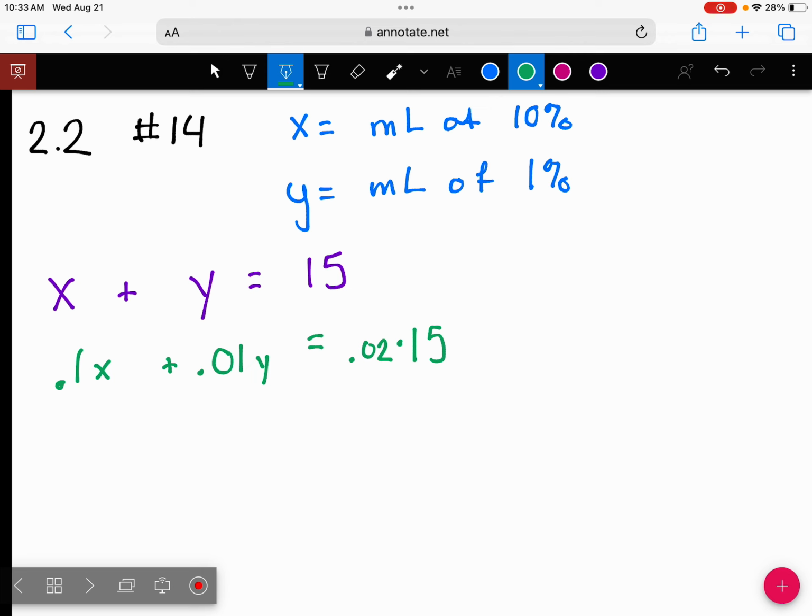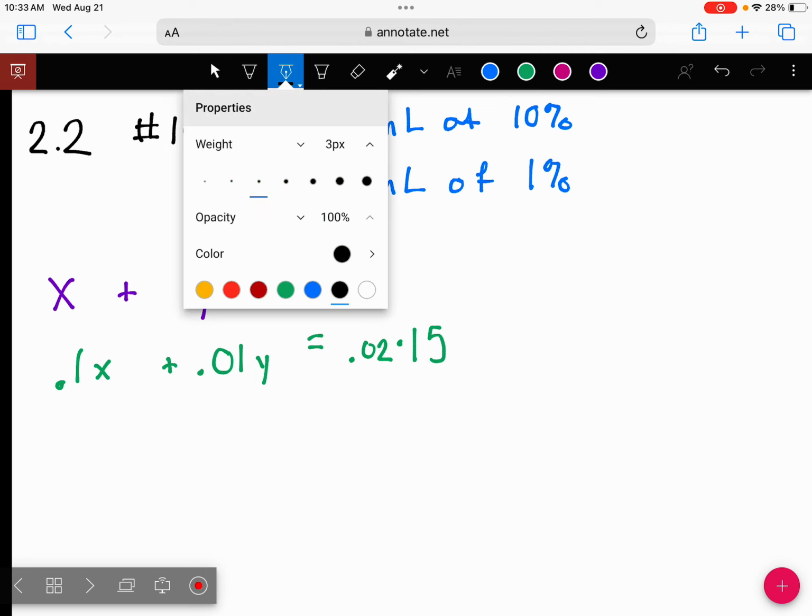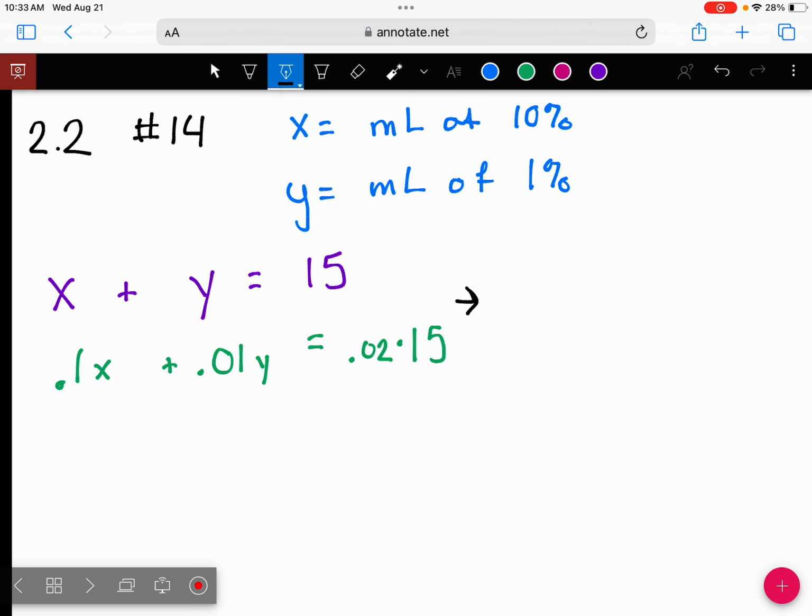Can we multiply by 100 to get rid of all the decimals? Absolutely fine. It's 100, not 10, right? Correct. It would be 100 to get rid of all the decimals. And if we're wanting to eliminate, you might try negative 100 because that'll make your y's have the opposite sign. Otherwise, you're subtracting. So if you're wanting to do this elimination, our top one's not going to change: x plus y equals 15.